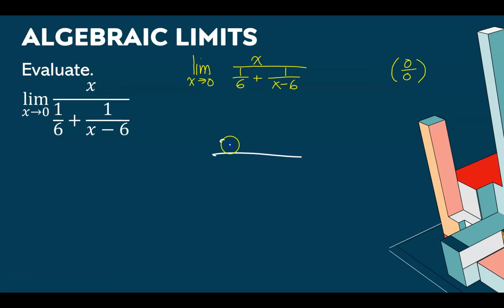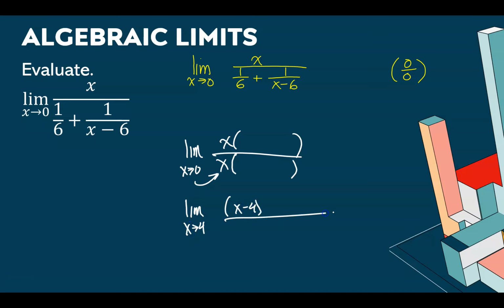And what structure are we going to try to find? Well, it's going to be x times some stuff in the numerator, x times some stuff in the denominator. And how do I know that? Well, x is the factor that I substitute 0 into to get 0 over 0. You know, if it was limit as x approaches 4, I'd be looking to remove an x minus 4 over an x minus 4.